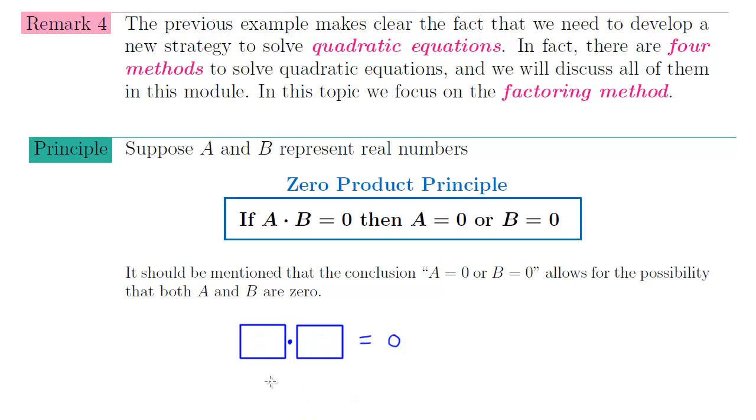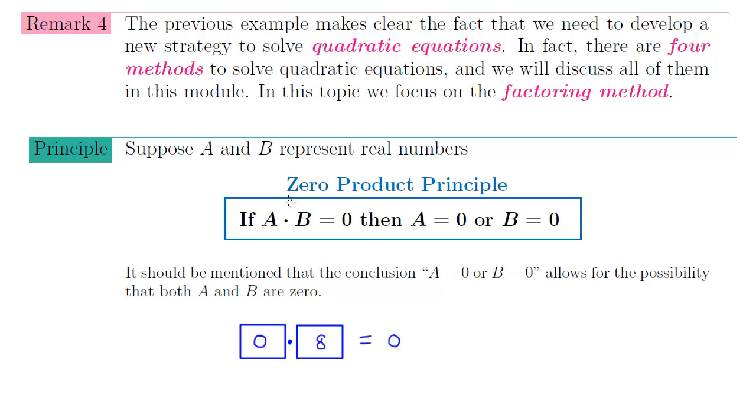Let's look at another case. Suppose we have any number over here. Let's just say 8 or negative 8. It doesn't matter. But we have to multiply 8 by something so that we get 0. Again, in this case, we have to have a 0 in this box because the only thing multiplied by a number that gives us 0 is 0.